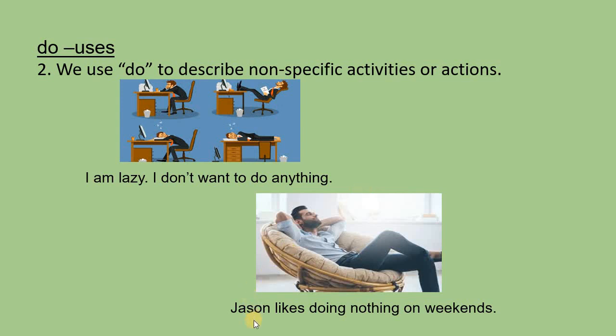Number 2, guys, here. Jason likes doing nothing on weekends. As you can see here, we have the word anything, and in sentence 2 we have the word nothing. So these are words which suggest that the activity is non-specific.